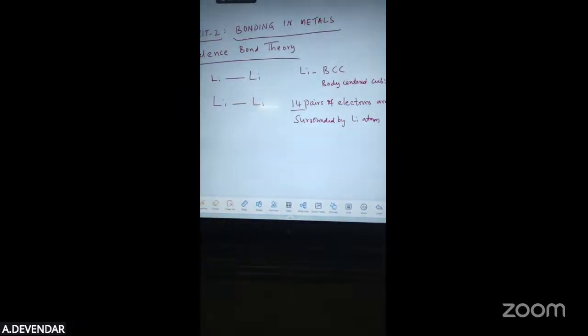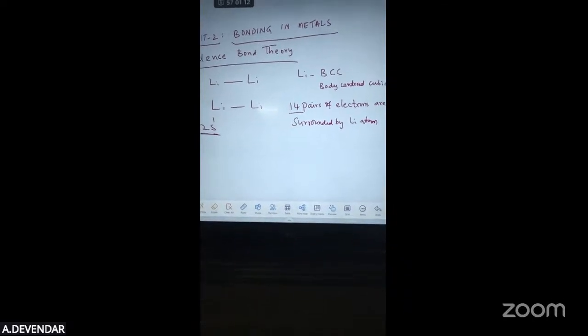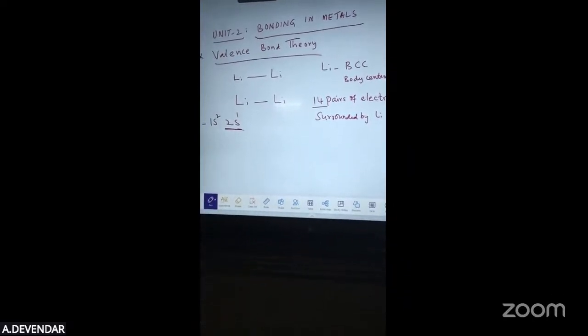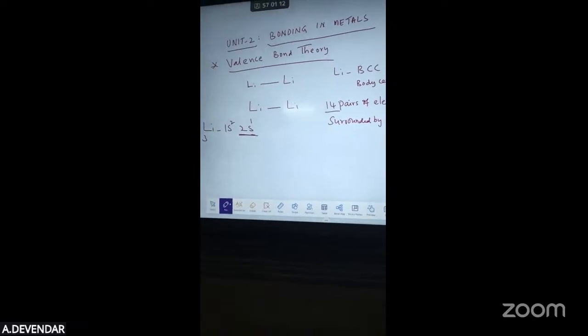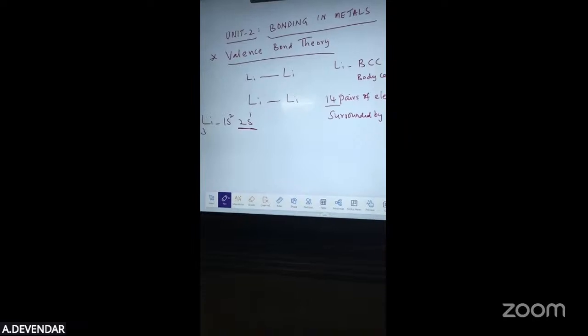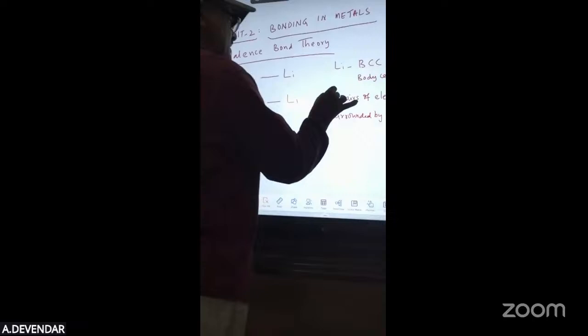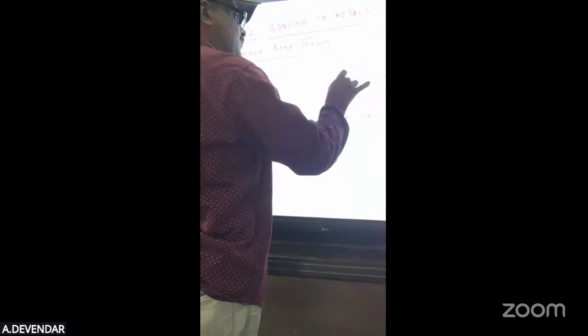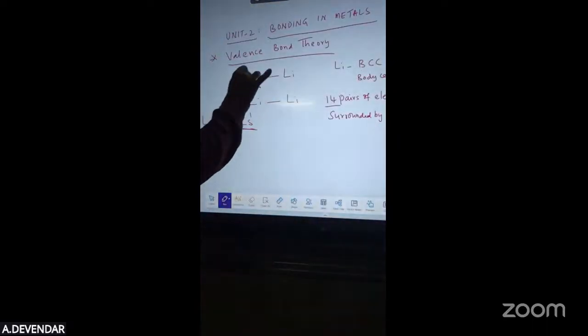Here lithium is the third element, and its electronic configuration has only one electron in the 2s orbital. So how can that form the bonds? If you see, 14 pairs means 14 electrons plus 1 electron, 15 electrons.